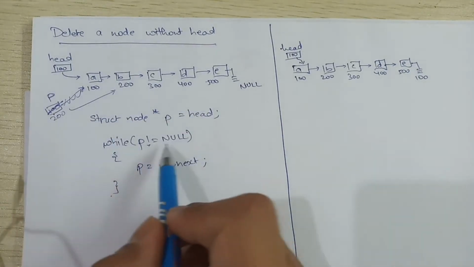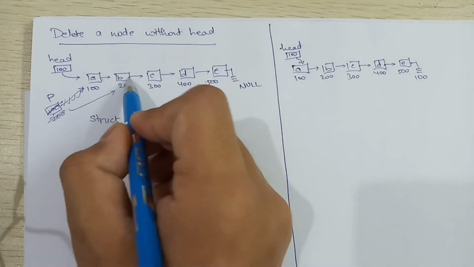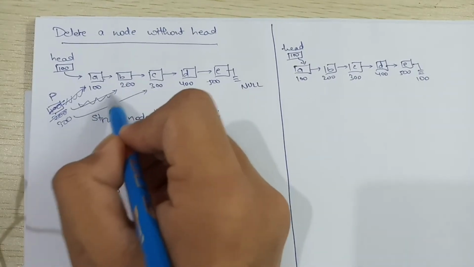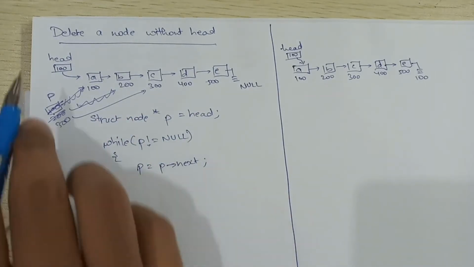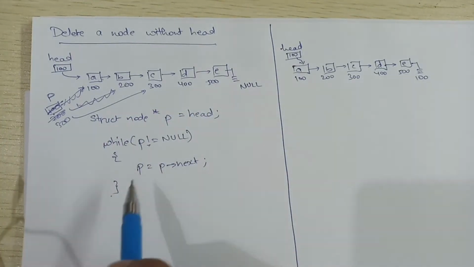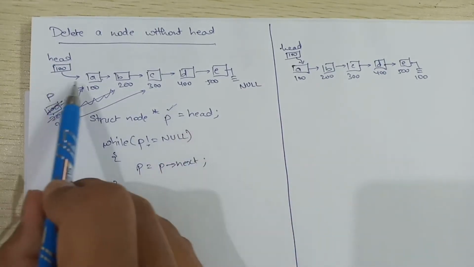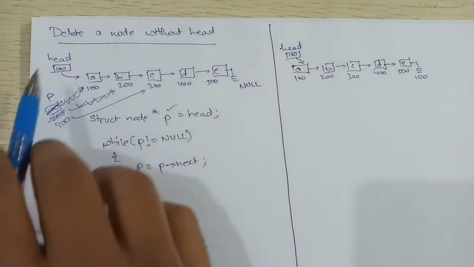And now p is not null, so it will hold the address of p's next, which is 300, and it starts pointing to this node. So this is how it will traverse the linked list, and this is how we define new pointers, hold the address of the first node of the linked list, and do the manipulation on the linked list.